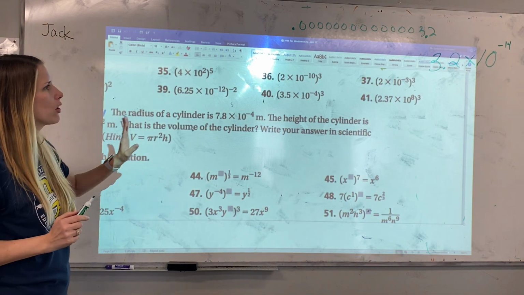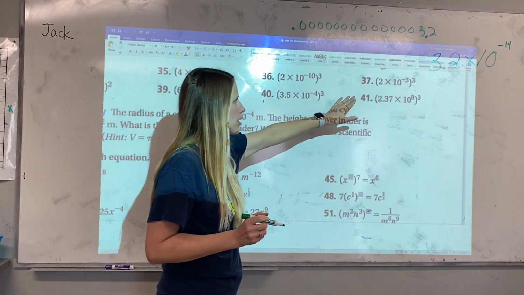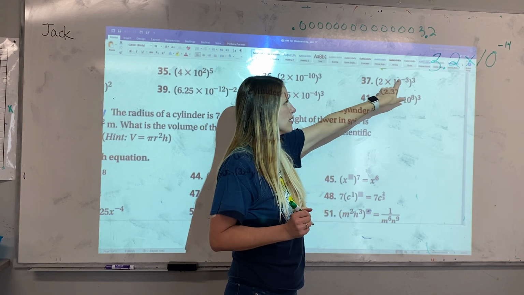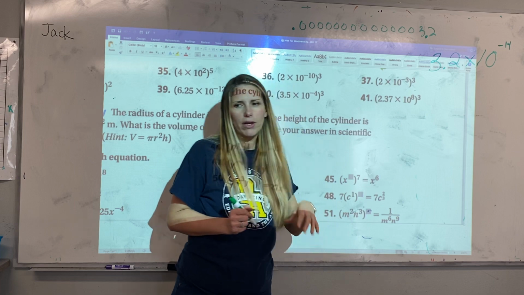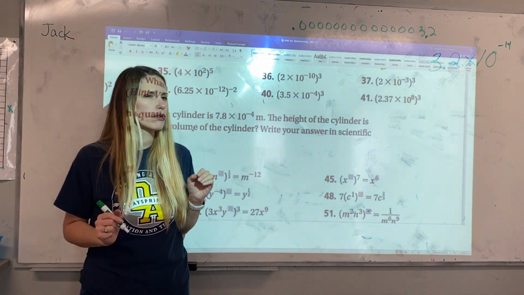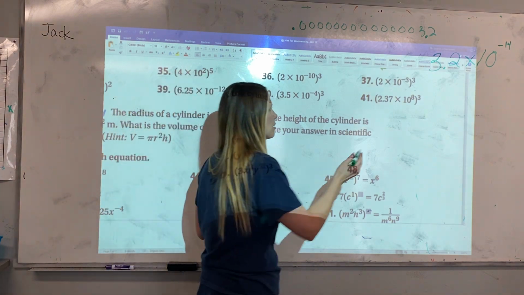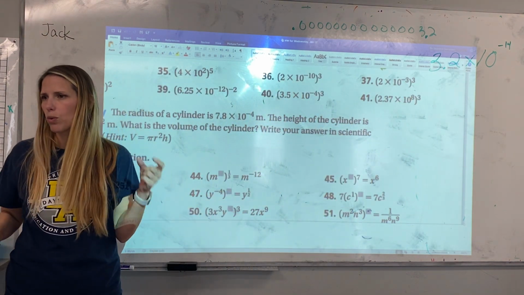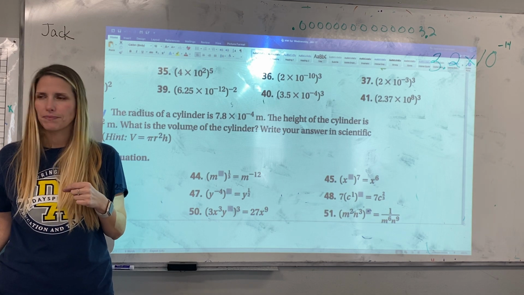All right, so going back to number 37, we're going to do it first because it's a little bit easier. 2 times 10 to the negative third, to the third power. First, we're going to use our rule for when something in parentheses is being raised to a power. What does that mean for what's inside the parentheses?